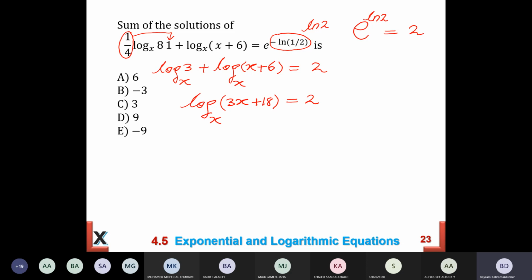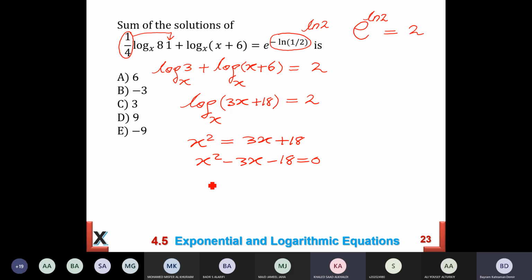Now let's write it in terms of exponential expression, Shabab. So we have x squared equals 3x plus 18. We move them to one side, to the left side. x squared minus 3x minus 18 equals 0.